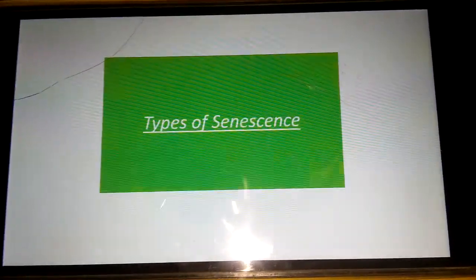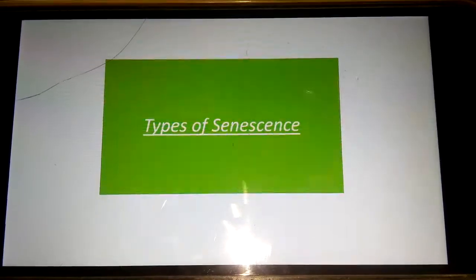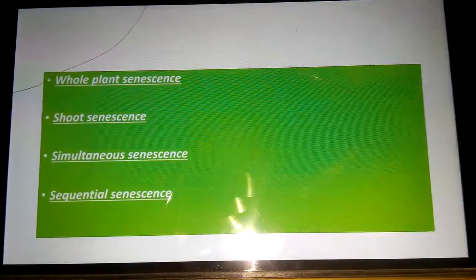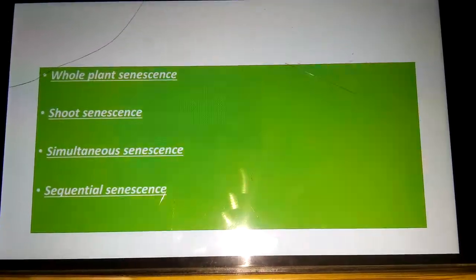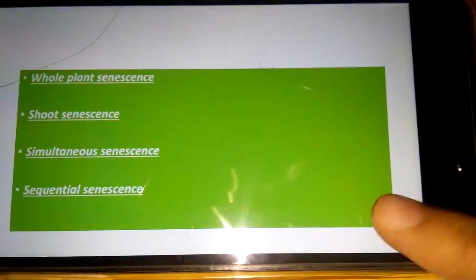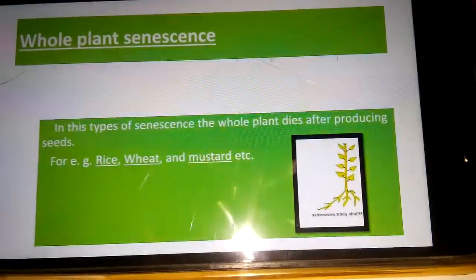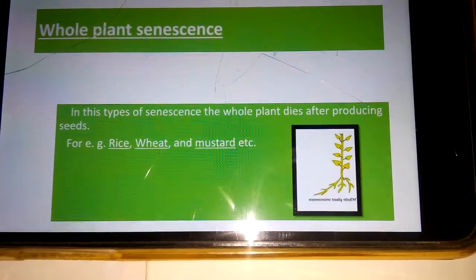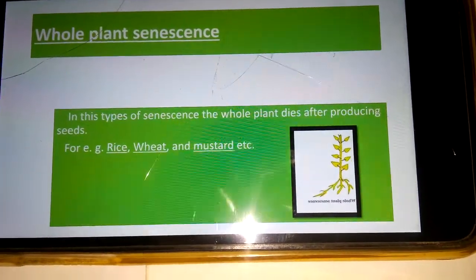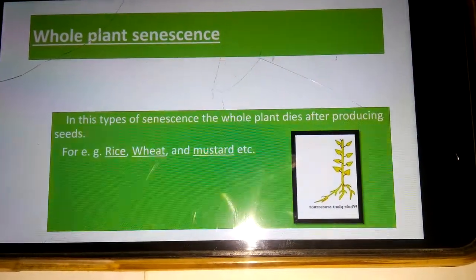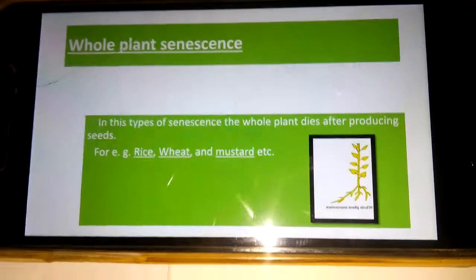Now, types of senescence. There are 4 types of senescence: whole plant senescence, shoot senescence, simultaneous senescence and sequential senescence. So this is the whole plant senescence. In this type of senescence, the whole plant dies after producing seeds, for example rice, wheat and mustard.